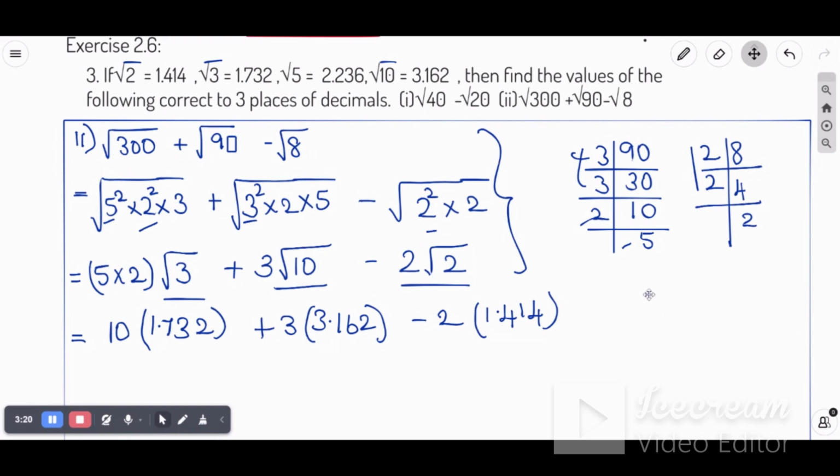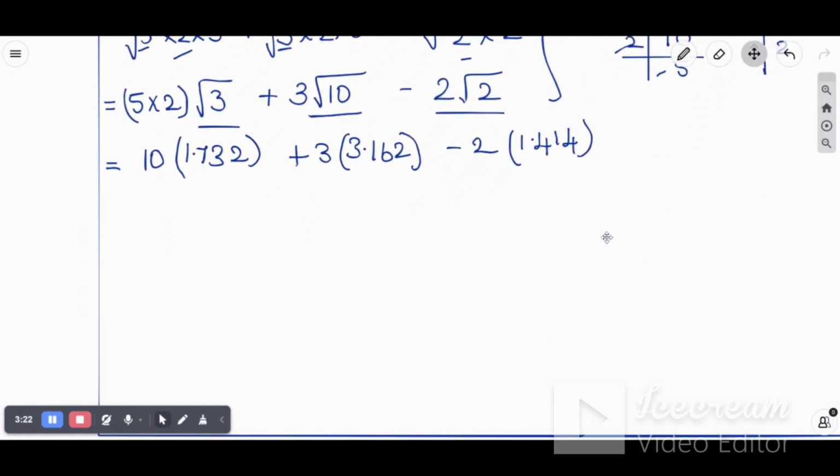So let's continue our subtraction, multiplication, addition, everything. So here what comes next is 10 into 1.732. Multiplying by 10 means your point will move to the right by one step. So that will be 17.32. You can write it directly.